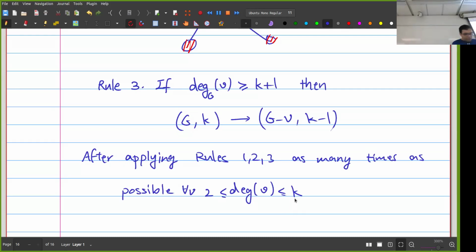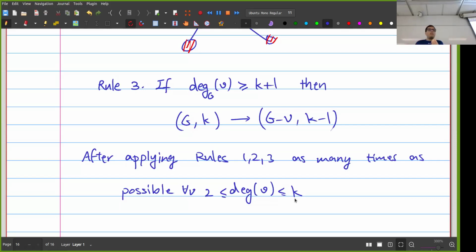Now, I have a graph where the degree of every vertex is at most k, and I'm asking, is there a vertex cover of size k? If the degree of every vertex is at most k, each vertex can cover at most k edges. So if I take k vertices, they can cover at most k squared edges.